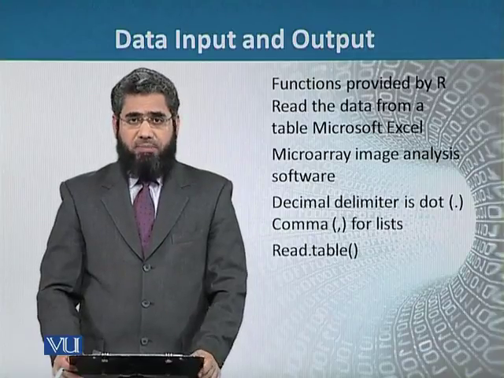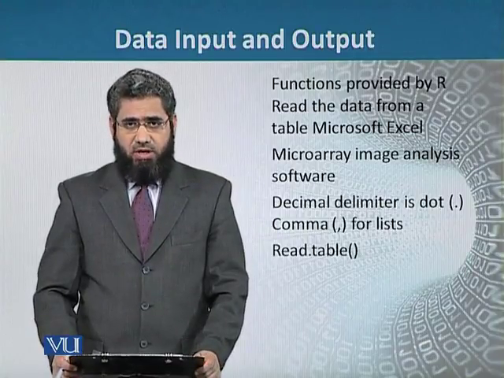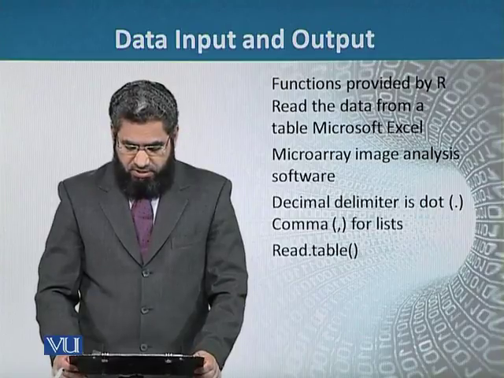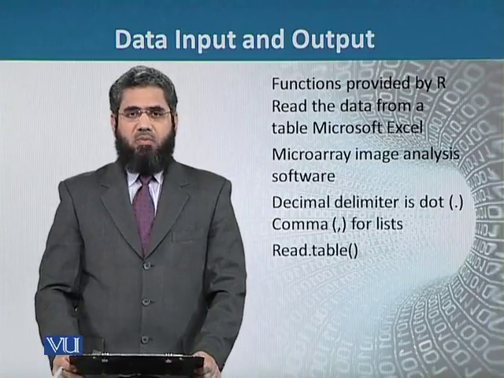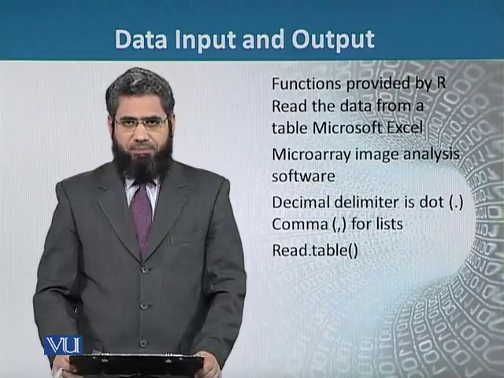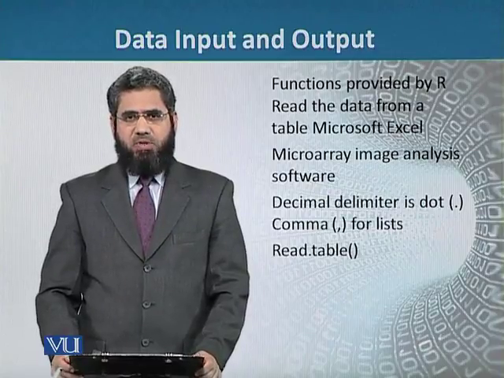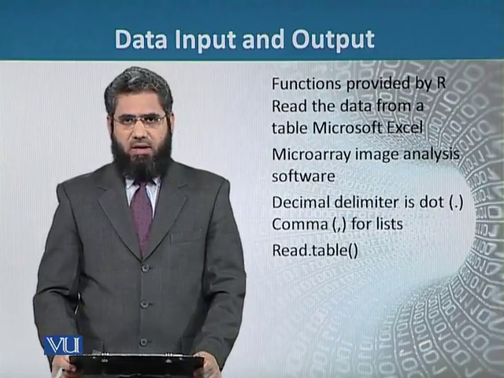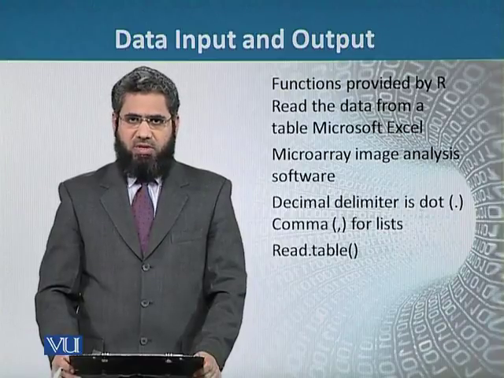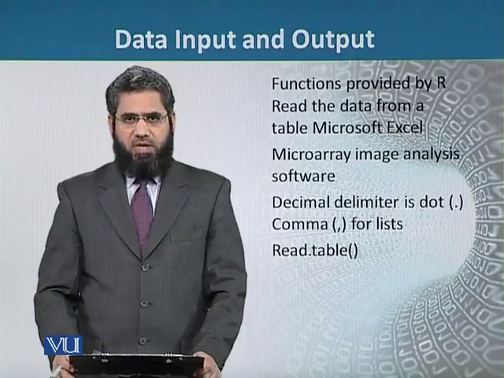So this R program uses the decimal delimiter in the form of the dot. So whenever we input numeric values in R, we must be sure that only the numbers and the dot are input in the R program.